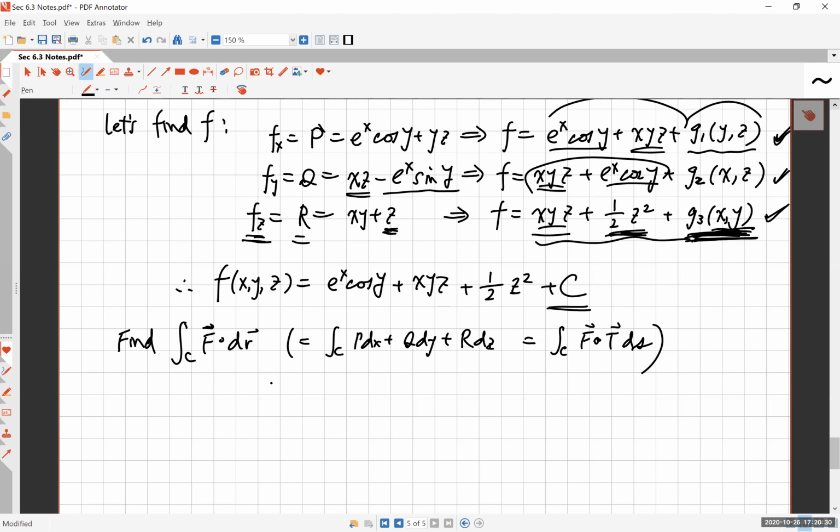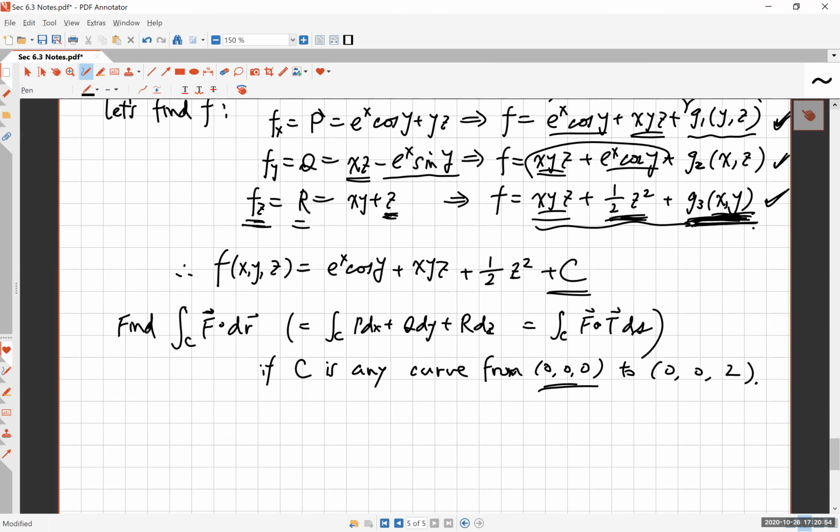Find the integral of f dot dr if C is any curve from the origin to 0, 0, 2. Okay, so it could be a straight line from 0, 0, 0 straight up to 0, 0, 2, or it could be just winding and winding around from 0, 0, 0 and eventually end up at 0, 0, 2.